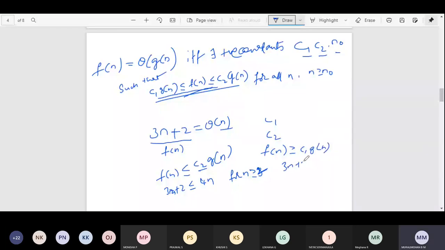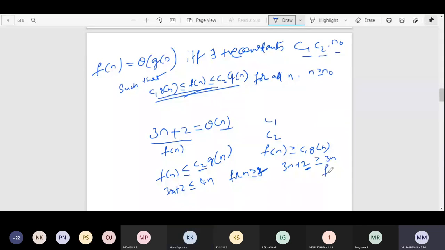3n plus 2 is greater than or equal to what value should I take? Can I take this as 3n? Because of this 2, it will always be greater than 3n, right? Can we take? Yes, sir.